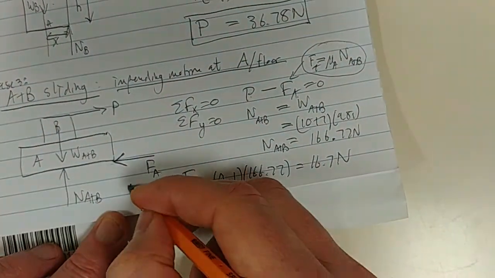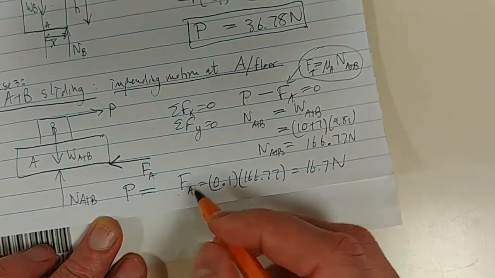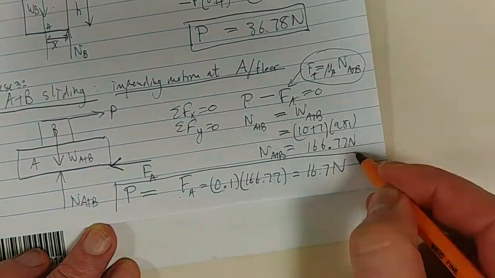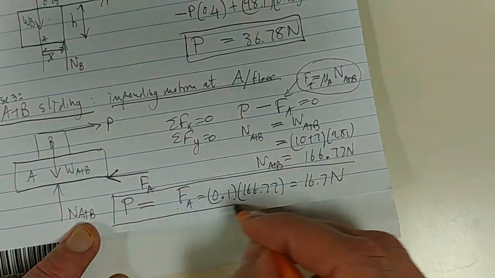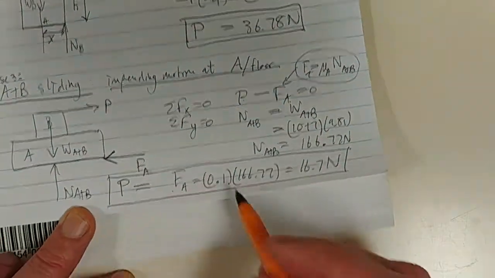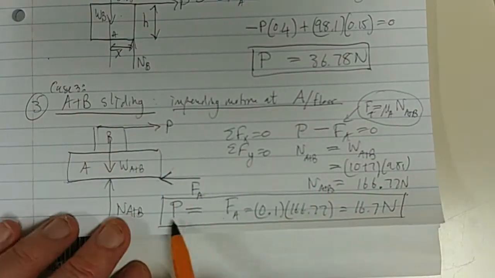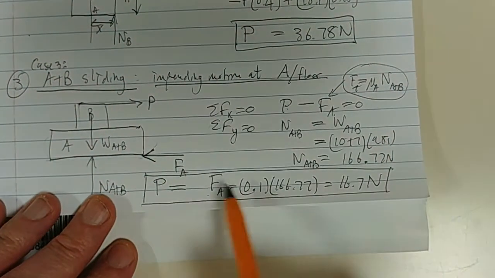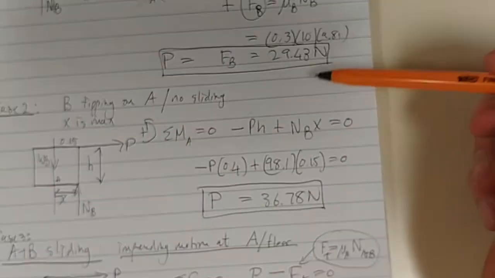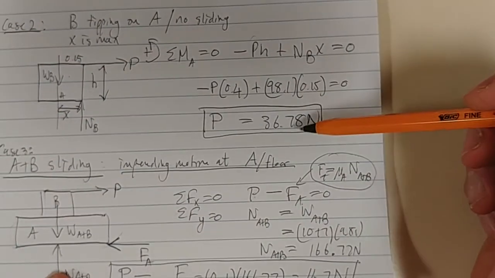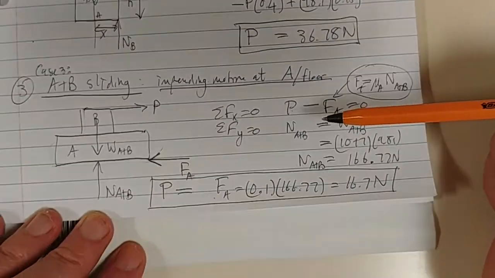And we know that the applied force P is equal to that. So perhaps that was counterintuitive, but what's actually happening is, in order to get this total system moving at the floor, between this block and the floor, we need a force of 16,7, which is much lower than the force of 29,43 and the force of 36,78.